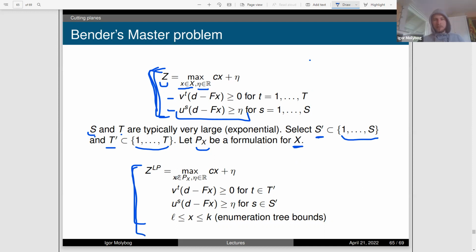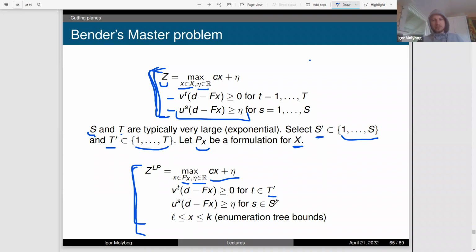It's still a maximization, but now for x belonging to the formulation of the set capital X, and eta being a real number, of the function cx plus eta.